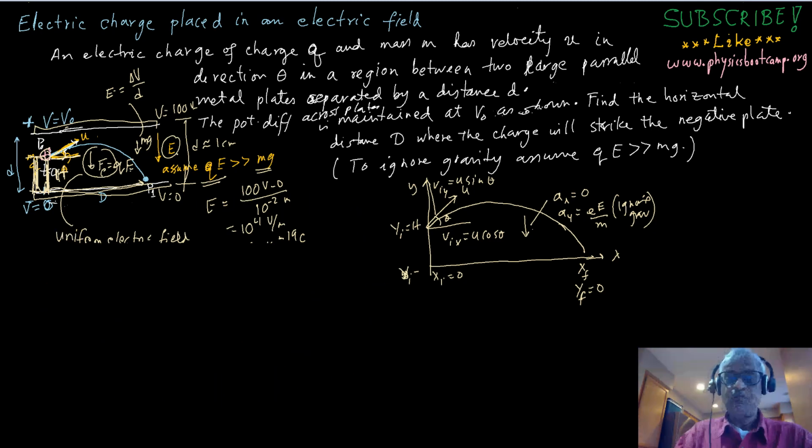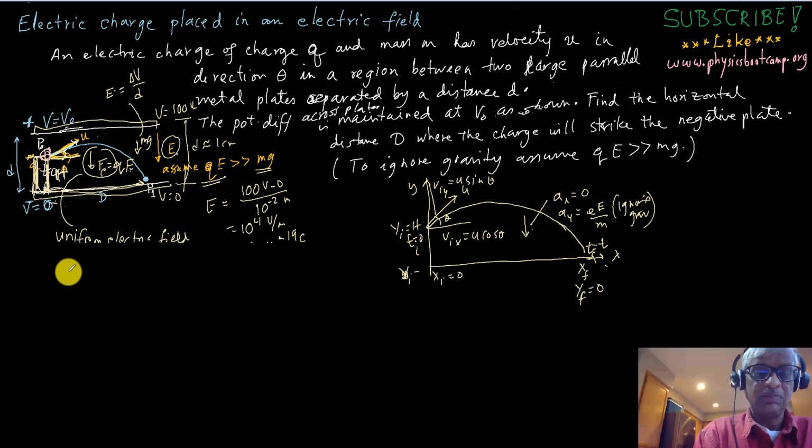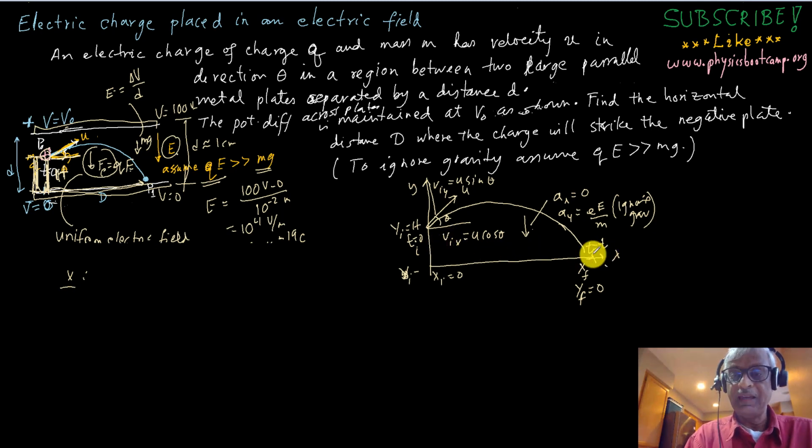Okay, you already know we can generate the equation from t equal to 0 here, and this is t equals t final. T initial is 0, t final is t, and so along the x direction the velocity doesn't change.